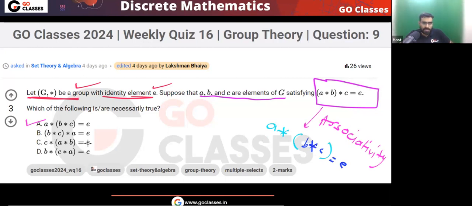Now what about option B? Can you get option B using associative property? No, you cannot get option B using associative property. But what you can do is just apply this.